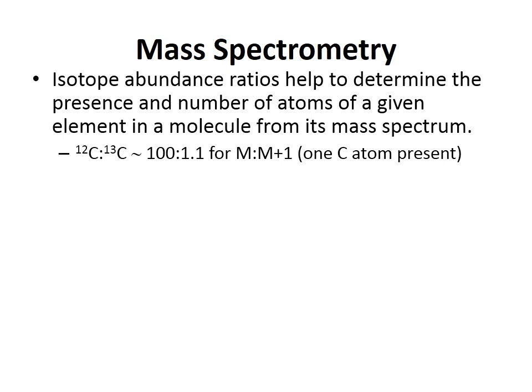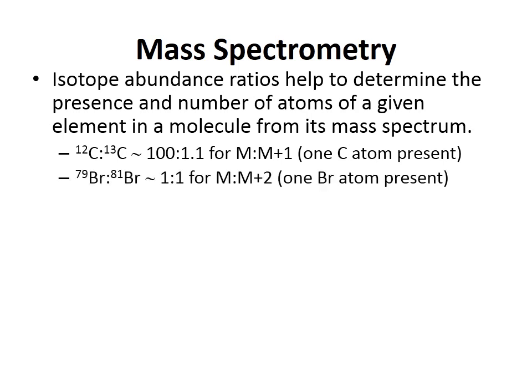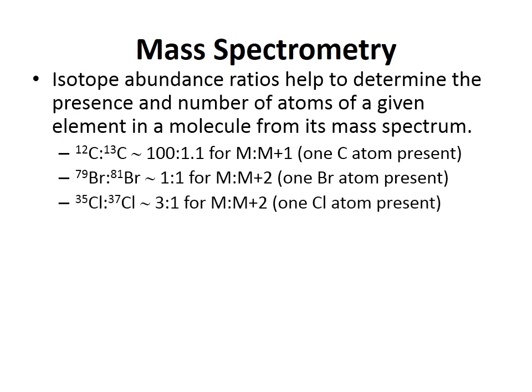For bromine 79 to bromine 81, the ratio is about 1 to 1, which would be for the molecular ion compared to the molecular ion +2, or M to M+2 peaks. That's with one bromine atom present. And for chlorine 35 versus chlorine 37, the ratio is about 3 to 1 for M to M+2, again with only one chlorine atom present.